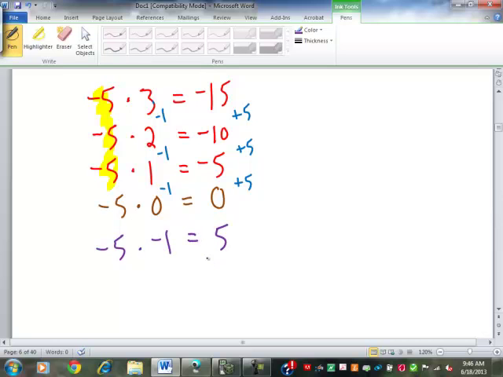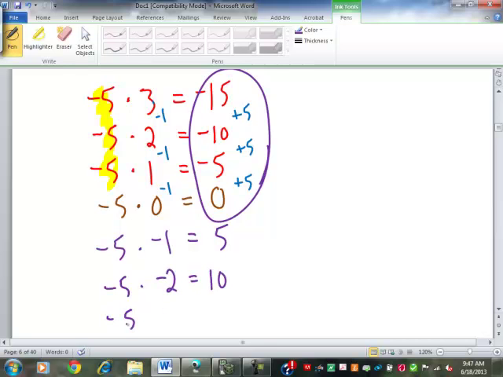The only reason is because it's what keeps this pattern going. So negative 5 times negative 2 has to be a positive 10. Negative 5 times negative 3 has to be a positive 15. So when we multiply two negatives, the answer is a positive, but the only reason is because it makes our pattern fit.